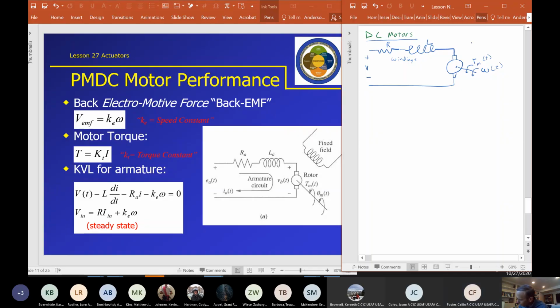Now this rotor has to be in the presence of a field. I mentioned that field could be a permanent magnet, which is what we're going to talk about now, or it could be another magnetic field generated by another coil of wires. And we hopefully have current flowing through the loop.